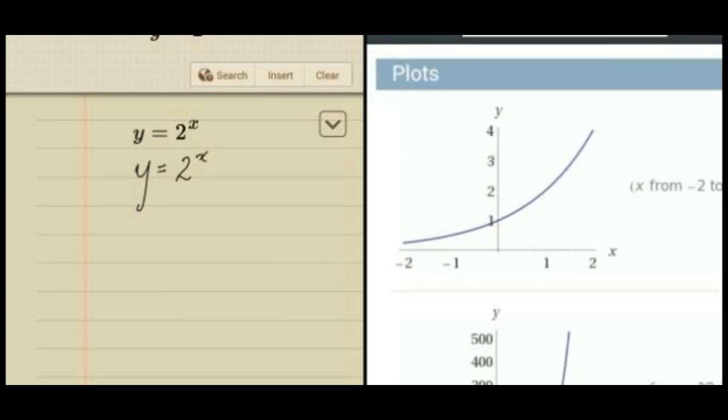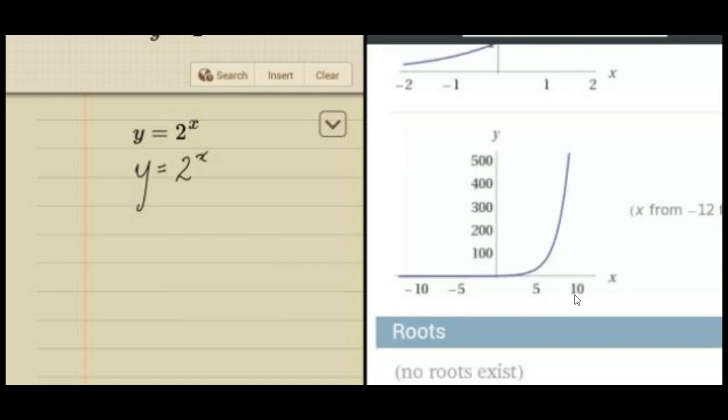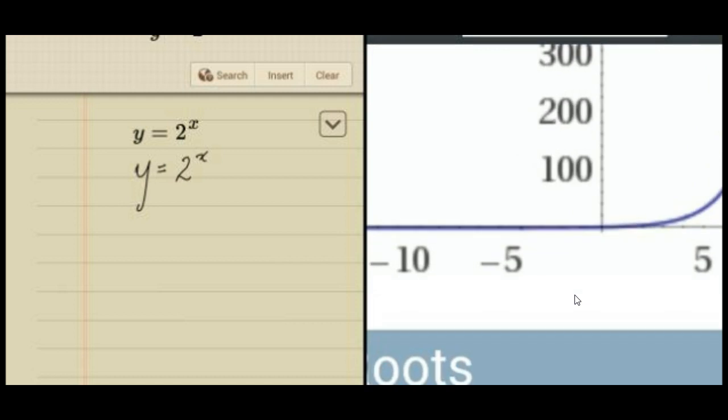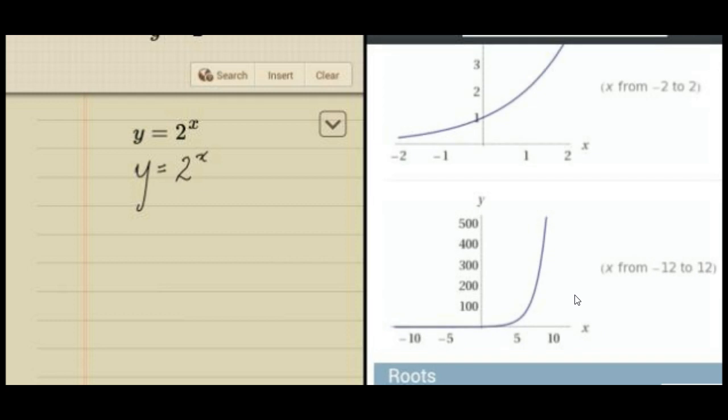Okay, so we can see that y equals 2 to the x gets closer and closer to the x-axis. We call this an asymptote. This here is called an asymptote as it gets closer and closer to the x-axis, and notice it passes through the 1. And if we were to look at it on a bigger scale, we'll see that it seems to be on the line. But an asymptote is actually a line that gets closer and closer to a value but never ever touches it. Okay, so that's what we mean by that.